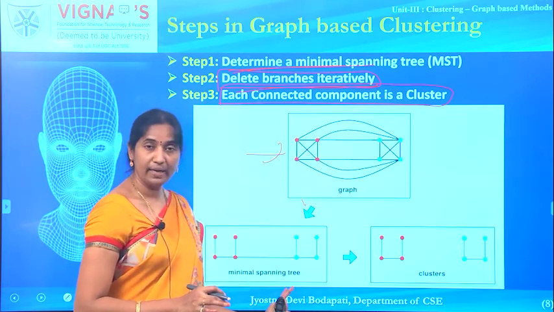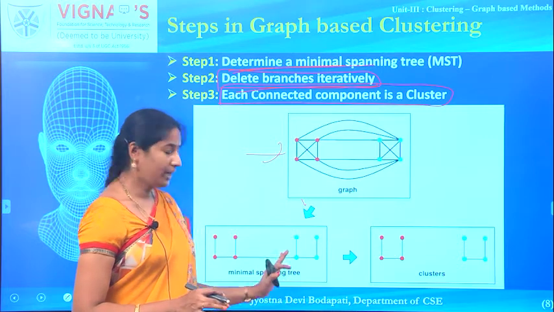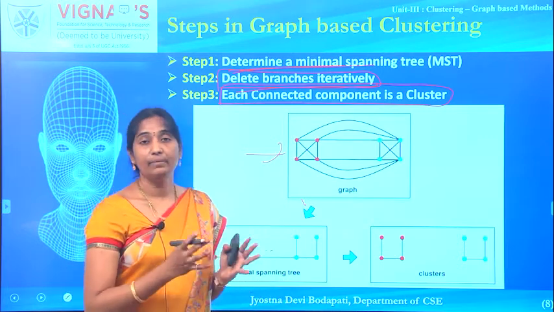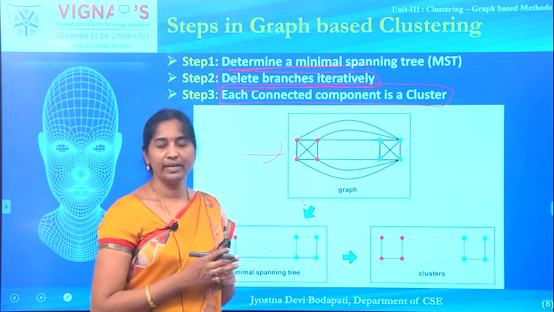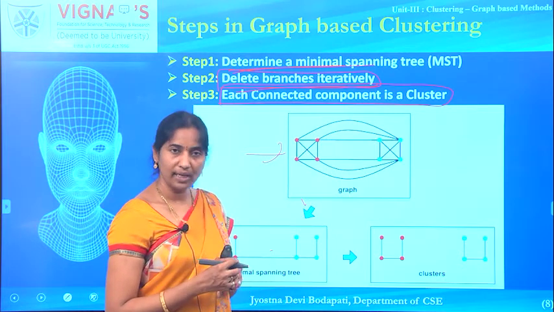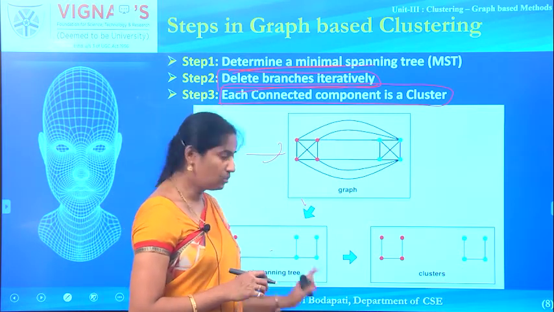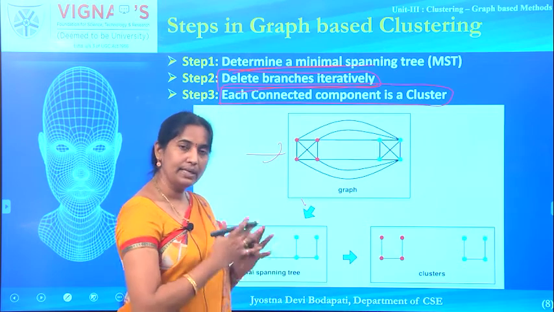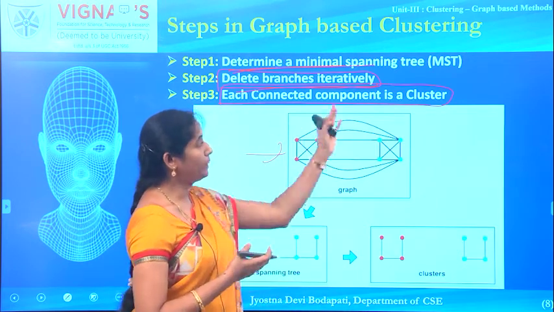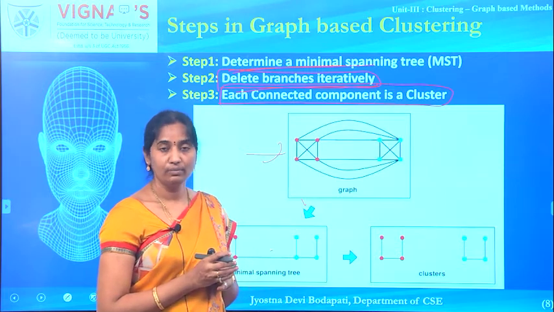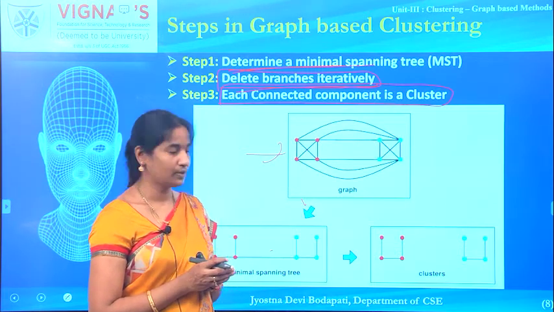Once the minimal spanning tree is available, you just delete the required branches. We will see shortly what techniques can be used to delete the branches. Once the deletion is over, each connected component in your graph will form a single cluster.